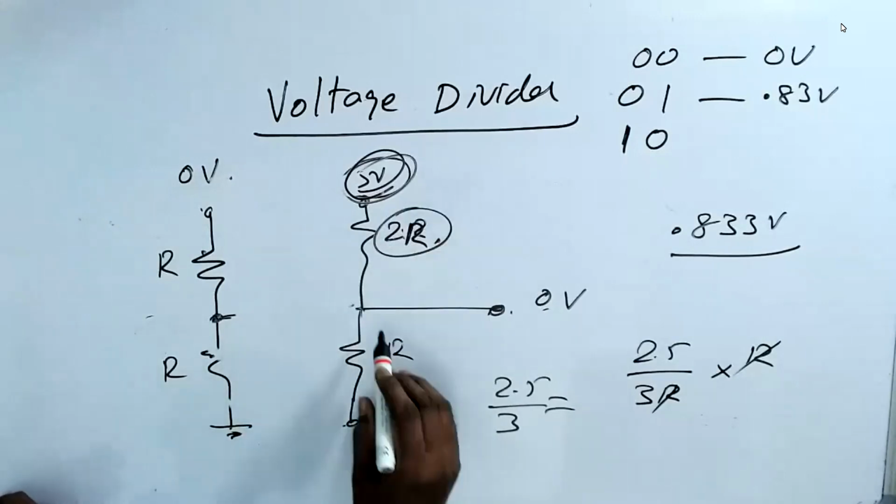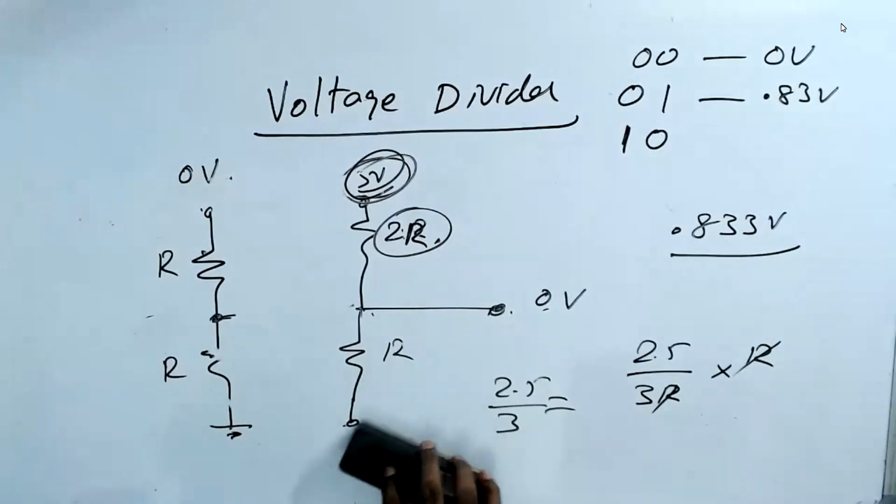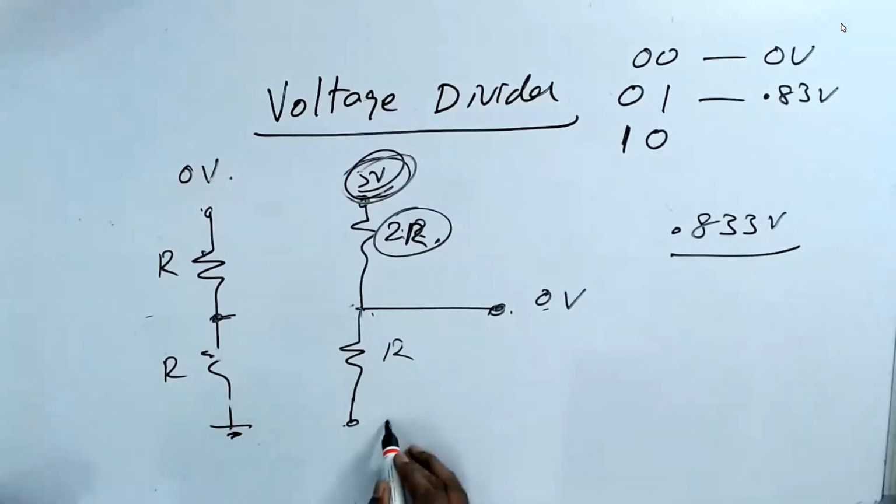This is R. So what voltage do I get here? Five by three. You get 5 by 3.